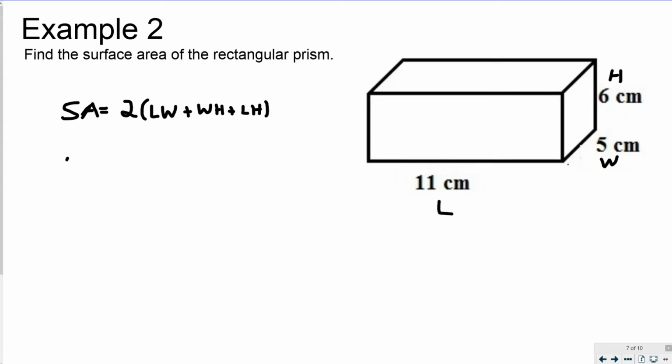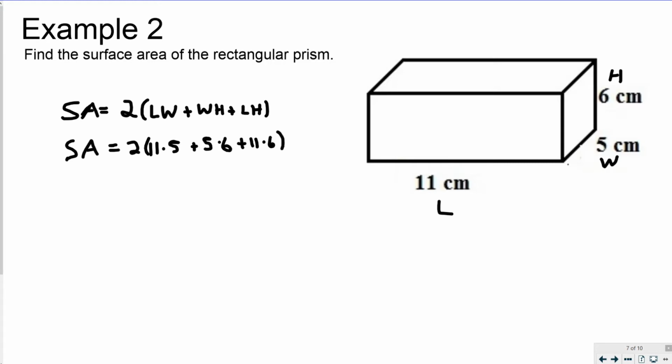So SA is equal to 2 times 11 times 5, plus 5 times 6, plus 11 times 6.